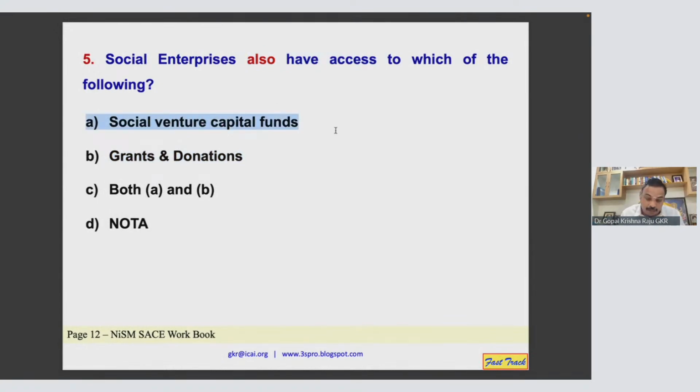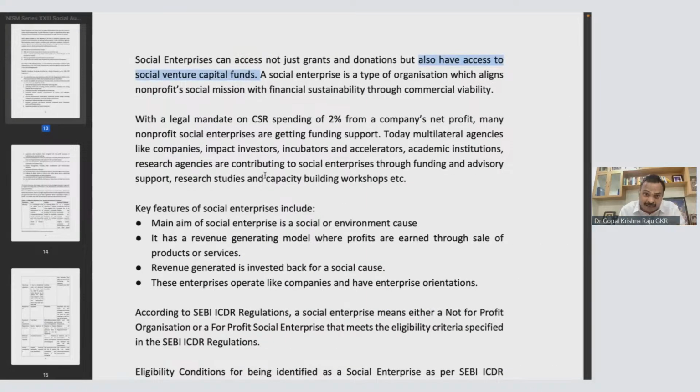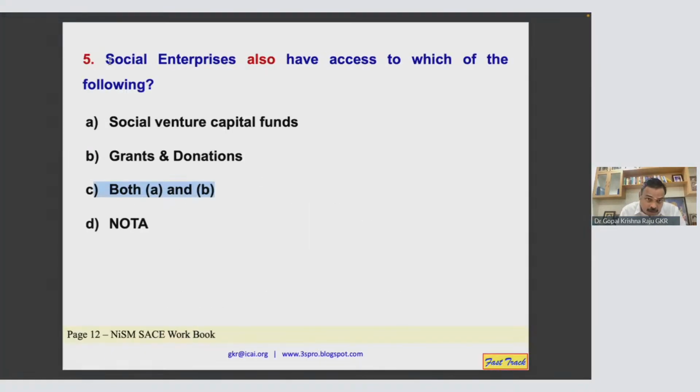You have to be very careful, guys. You will actually say both A and B, which is wrong. But the same question can be written like, the social enterprise can have access to. So you have to read the question carefully and then answer. Also have access means they already have access to something.